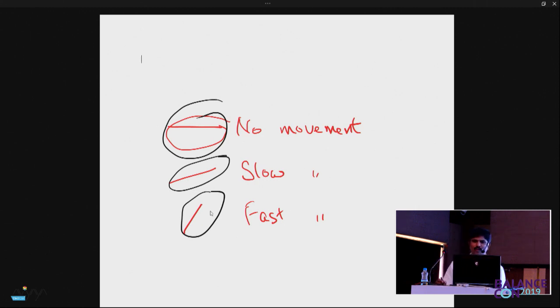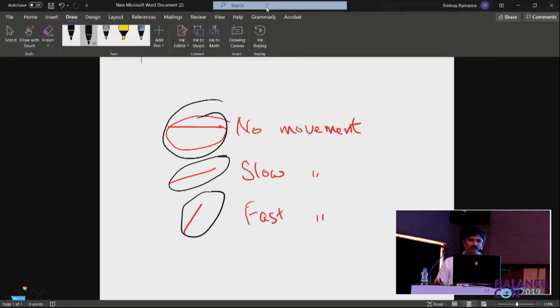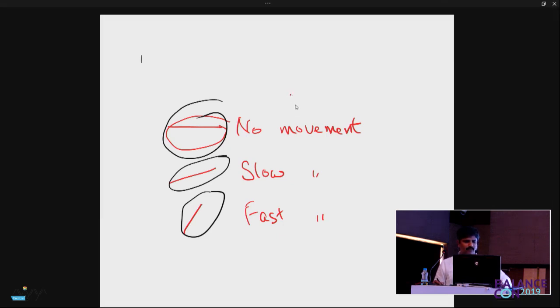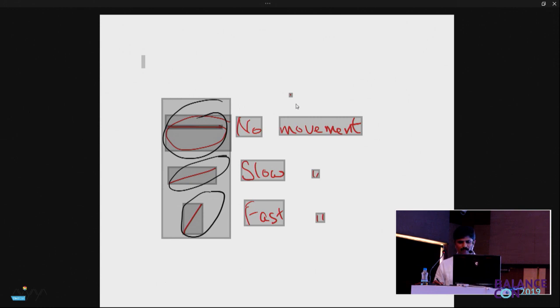So, if there are 2 lines, like one is like this and another is like this, which is the slow movement? The first one.